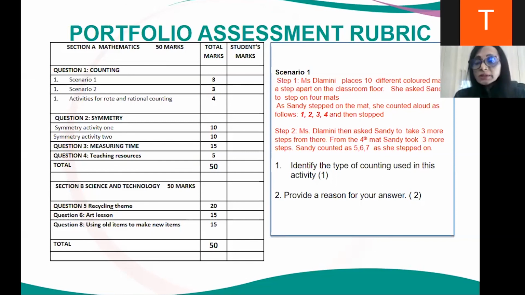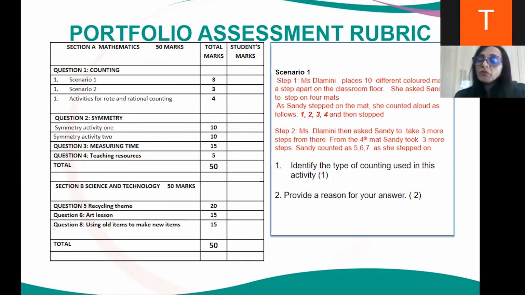Now let us look at this scenario. Ms. Lamini places 10 different colored blocks a step apart on the classroom floor. She asked Sandy to step on 4 mats. As Sandy stepped on the mat, she counted aloud: 1, 2, 3, 4, and then she stopped. Ms. Lamini then asked Sandy to take 3 more steps from there.